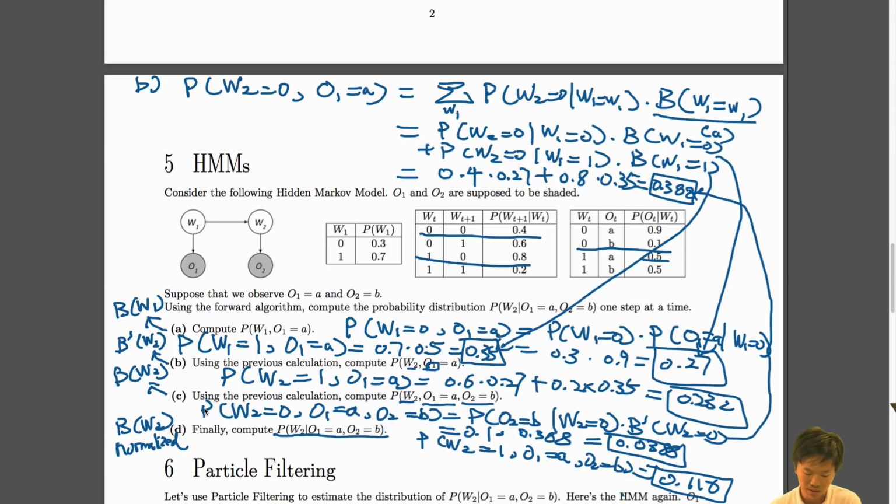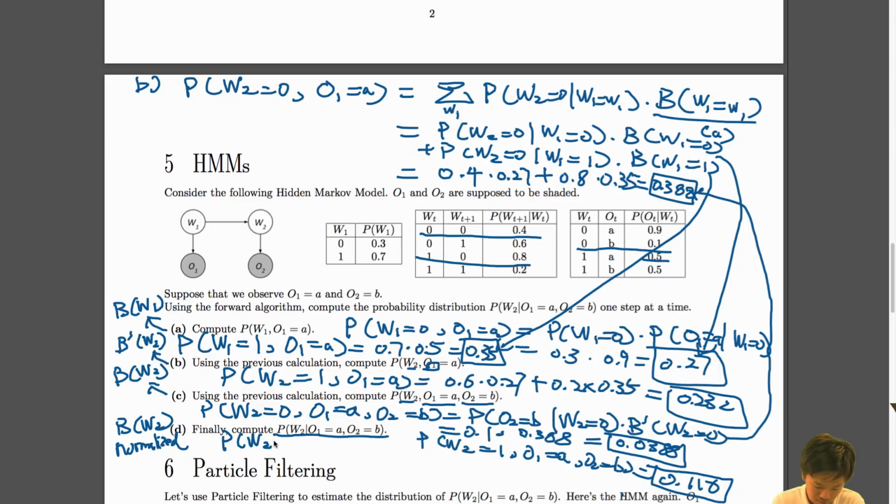The reason I say normalized is that this is trying to find a probability conditioned on the variables. That's when the probabilities across all the values of W2 must add up to 1 in this probability table. So what we can do is simply perform a normalization trick.